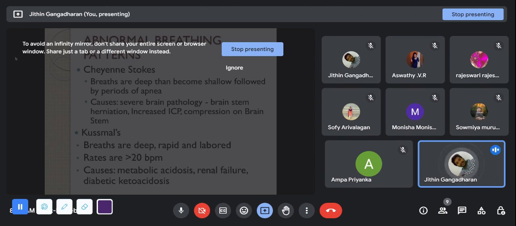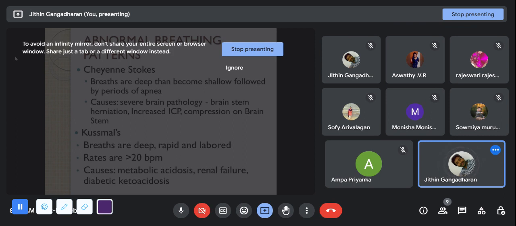Then again an irregular pattern of respiration happens, which is a deep penetrating respiration followed by a phase of apnea. Okay, so the causes may be brain pathology, if there is a brain stem herniation or increased ICP.